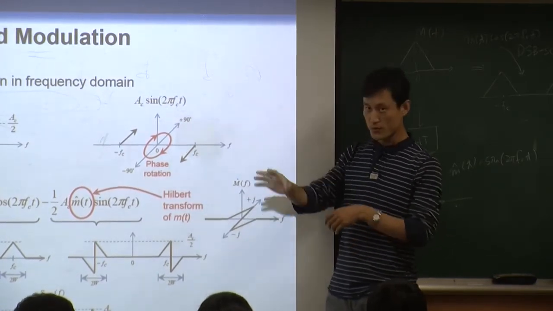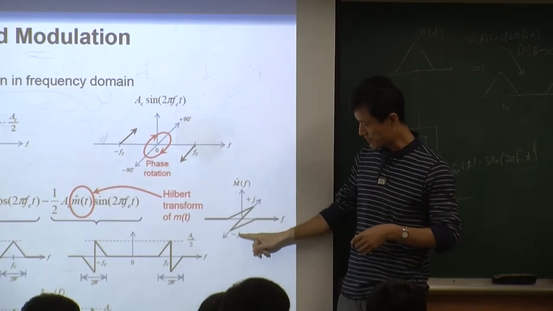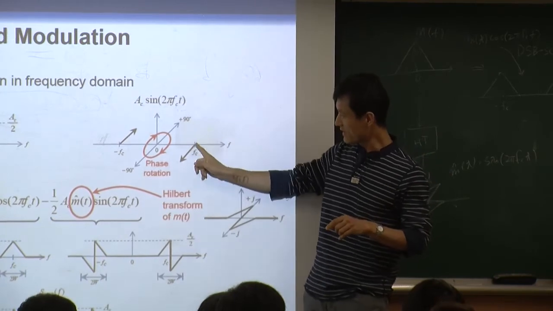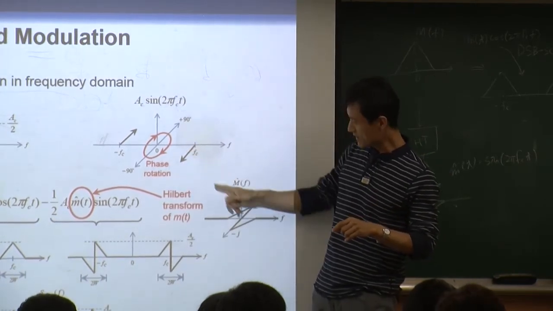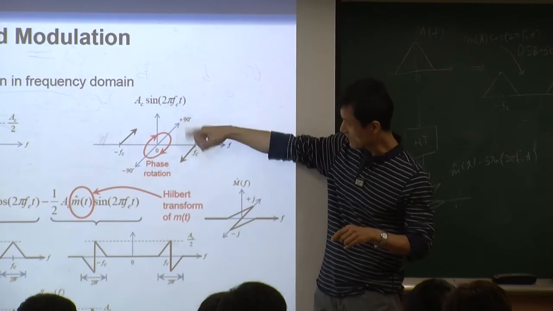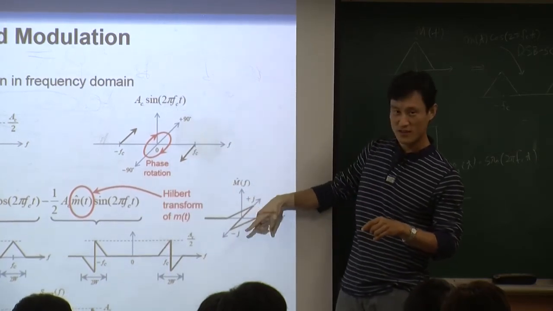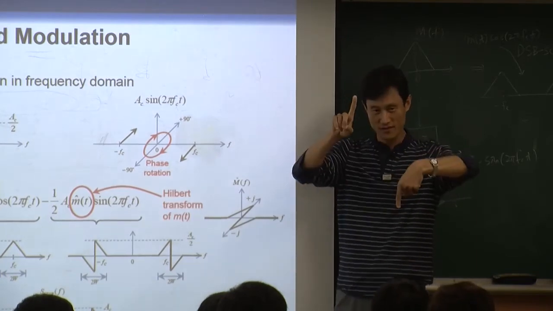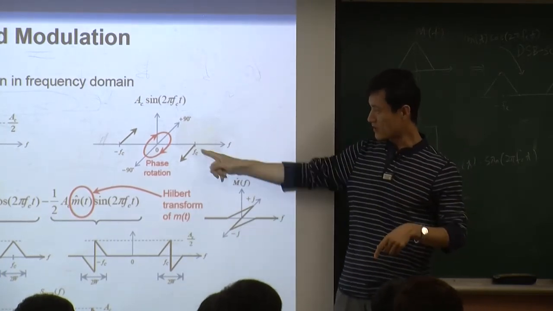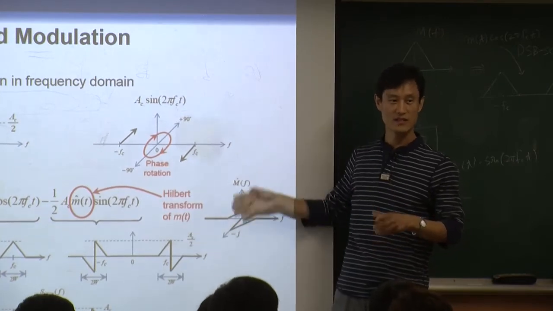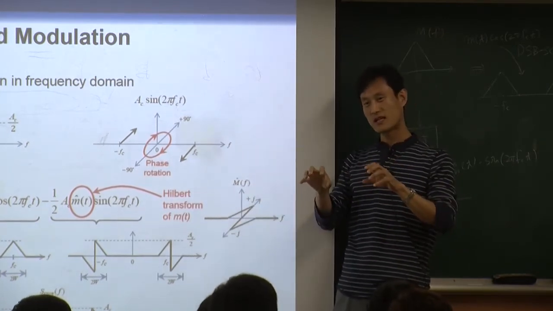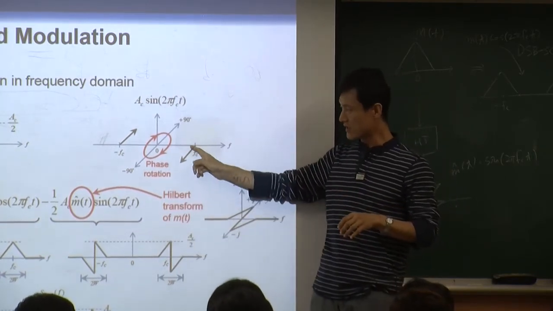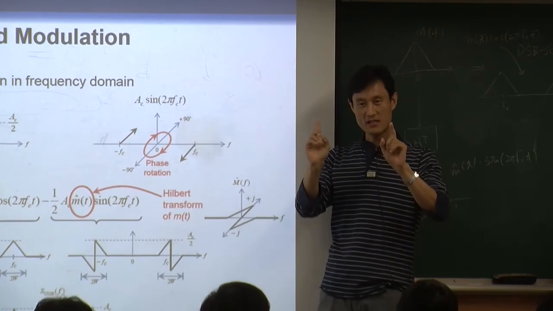When you multiply these two, now what happens is this one, which is in here minus j, this sine is also minus j, right? Minus j times minus j, it's like a minus 90 degree. This one also minus 90 degree. So when you multiply these two, it becomes minus 180 degree, right? Because you are adding these two. Multiplying these two, it's like a phase addition. Minus 90 degree, minus 90 degree, you are adding together minus 180 degree.